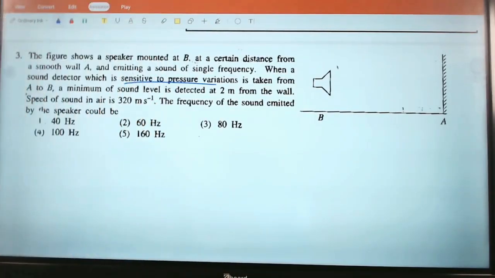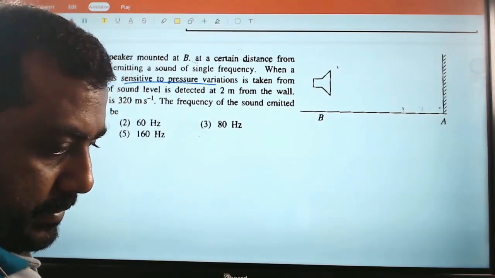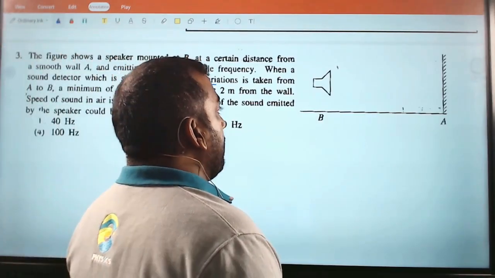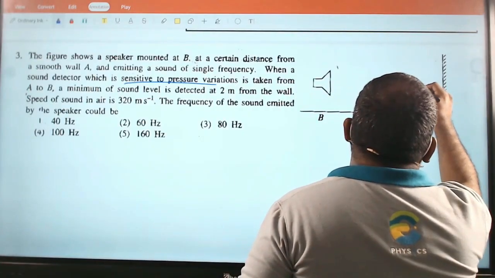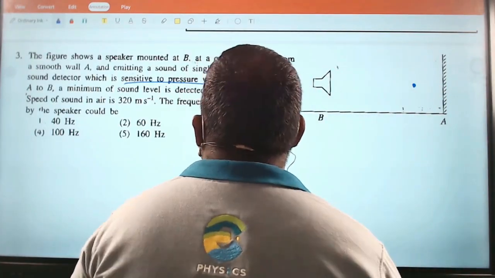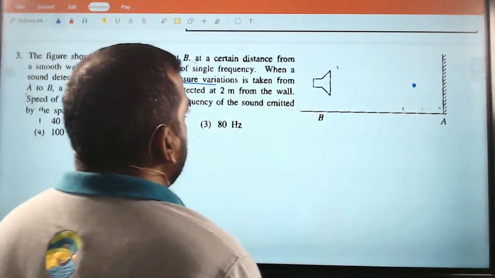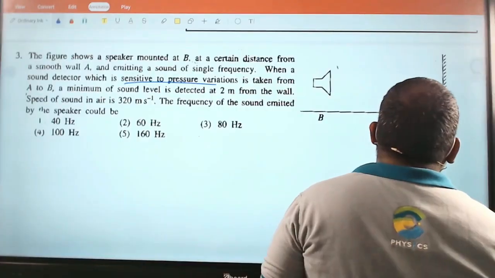Figure shows a speaker mounted at B at a certain distance from a smooth wall A, emitting a sound of single frequency. When a sound detector which is sensitive to pressure variations is taken from A to B, minimum sound level is detected at 2 meters from the wall. Speed in air is 320. So what we can say here is very simple.